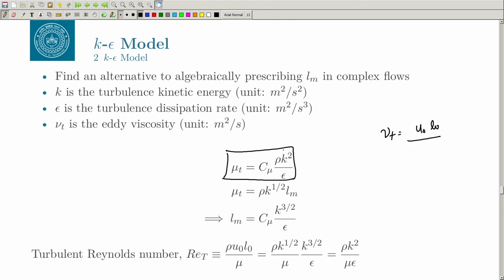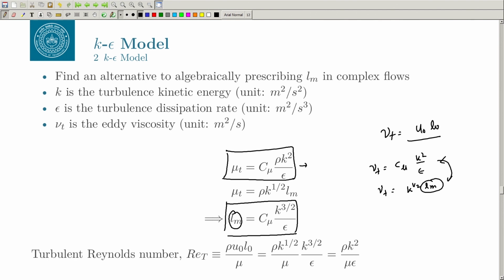So, you can compare, let us say, your nu t is equal to C mu k square by epsilon, right, but your nu t is also equal to k to the power half, which is a velocity scale, multiplied by some length scale, okay, which I am writing as Lm. So, if you compare these two, okay, you can write the length scale as C mu k to the power 3 half by epsilon. Okay. So, this is your length scale.